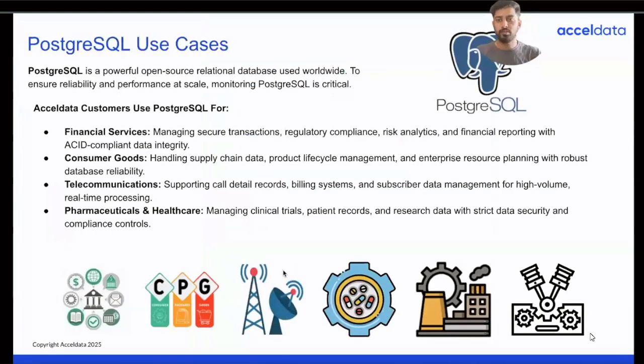Moving to the next slide here. Postgres is a powerful open source relational database tool which is being used worldwide. Acceldata has customers in different lines of business using Postgres for different use cases.